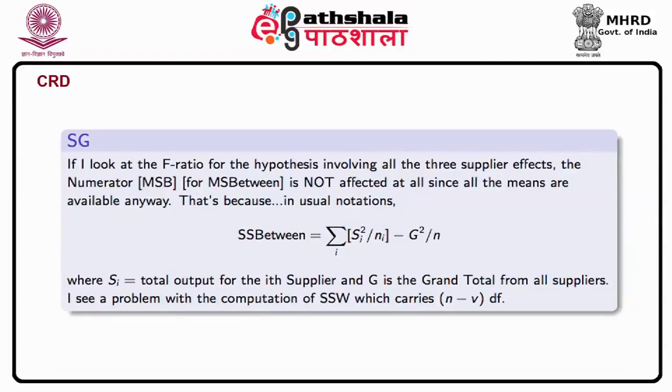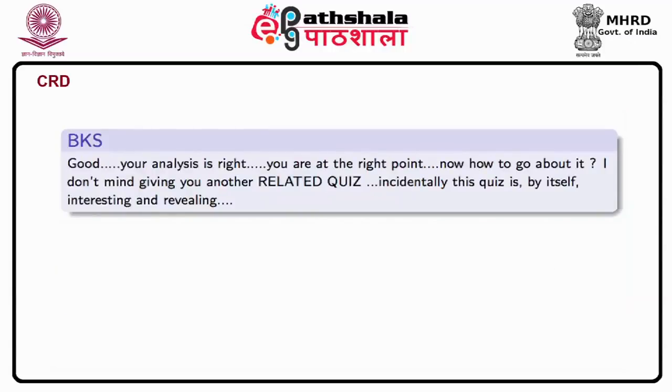That's because in usual notation, SS between is equal to summation of Si square by ni minus D square by N, where Si is the total output for the ith supplier and D is the grand total for all the suppliers. I see a problem with the computation of SSW, which carries n minus v degrees of freedom. Good. Your analysis is just right. You are on the right track.